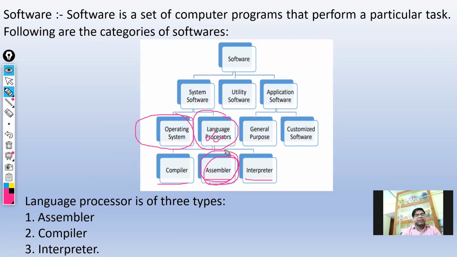Next one is your interpreter. It is a program that translates the high level language into machine level language, but line by line, like your Visual Basic.